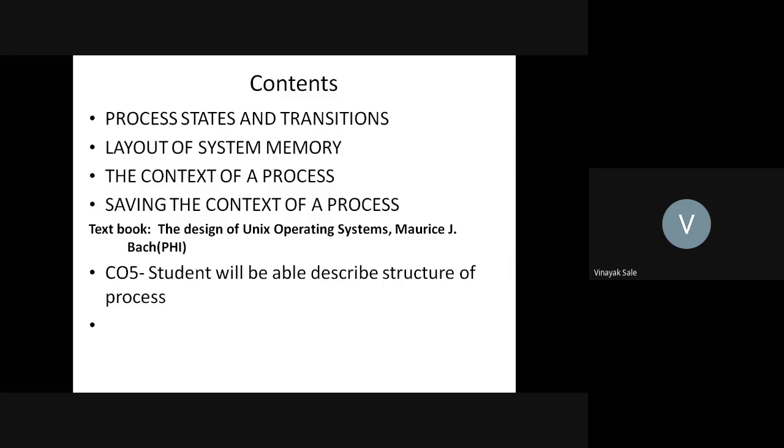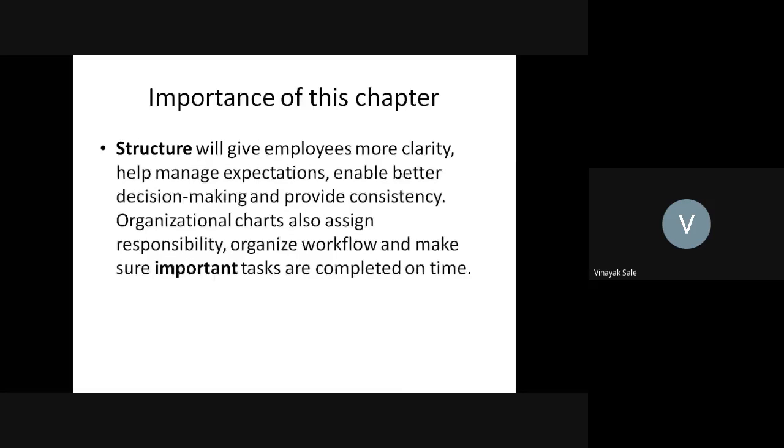For this chapter, the textbook is The Design of the Unix Operating System by Maurice J. Bach, PHI publication, and the CO is: student will be able to describe the structure of a process. So what is important in this chapter in your syllabus?